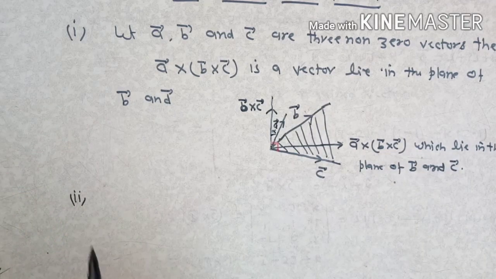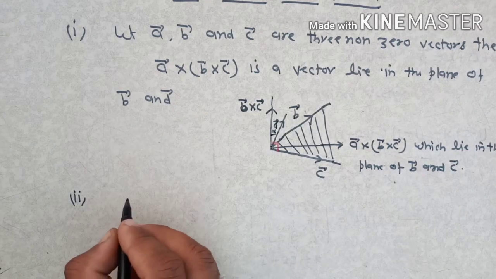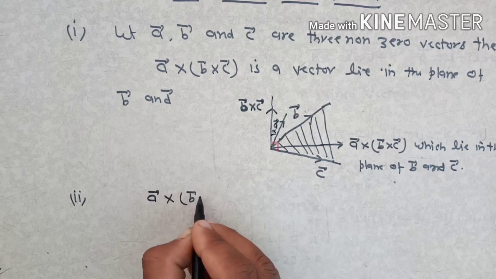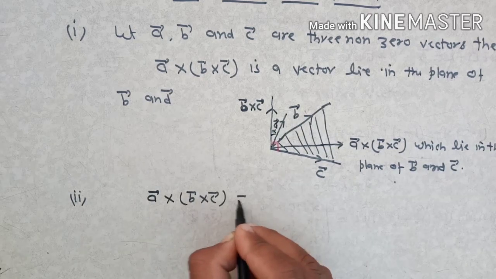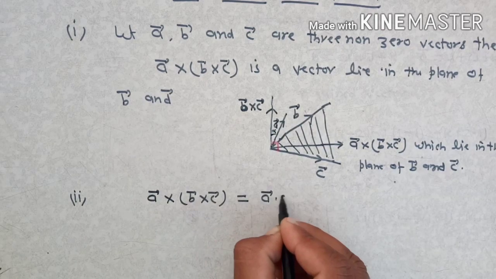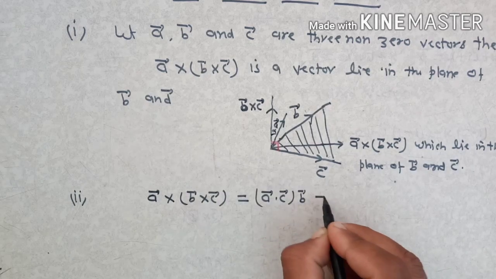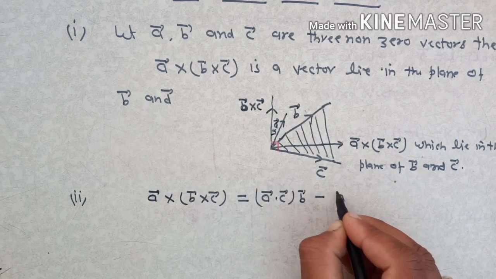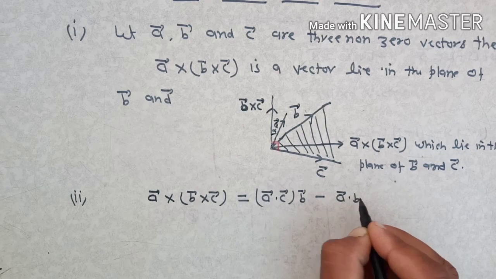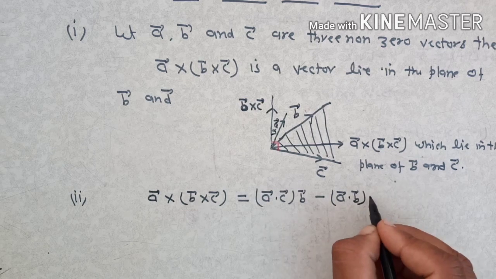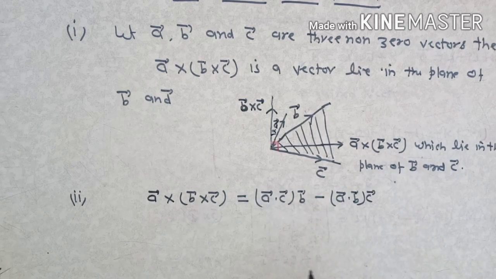Now the second property: vector A cross vector B cross C is equal to vector A dot vector C, vector B, minus vector A dot vector B, vector C. It is clear from this definition.